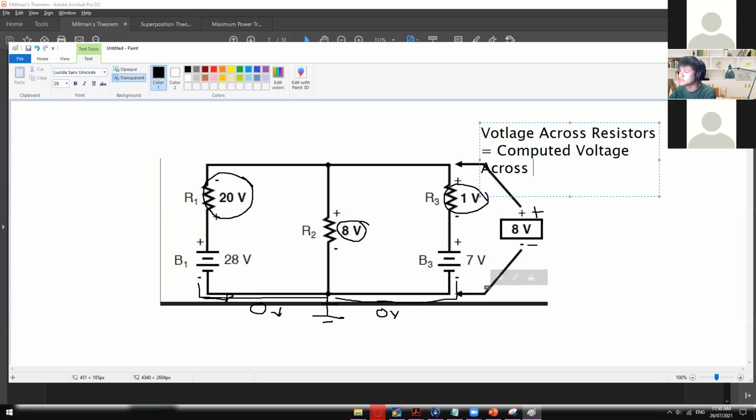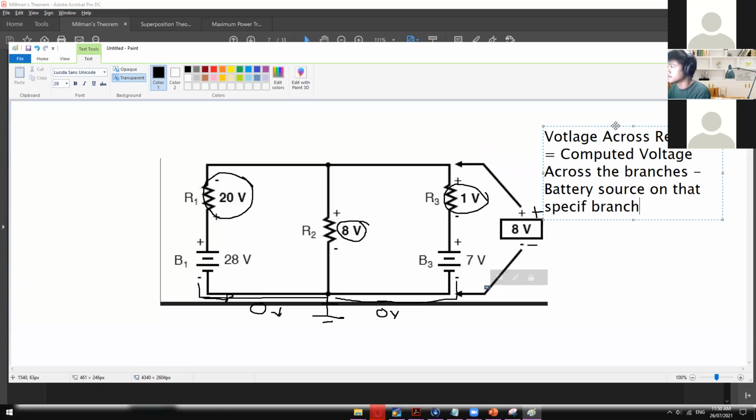Across the branches. Okay, since isa lang naman to, which is 8 volts nga, minus the battery source on each, on that specific branch. Ganun na lang.